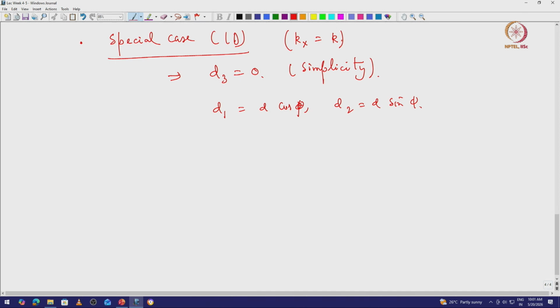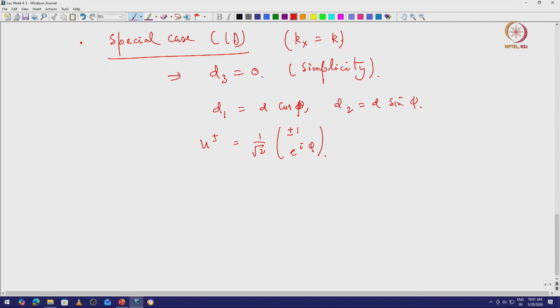So, the eigenvectors become, okay, and we have already talked about all this.